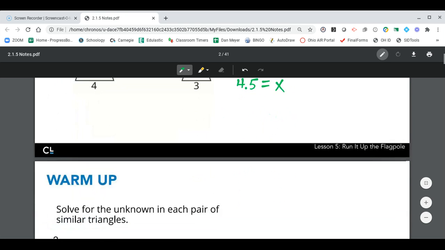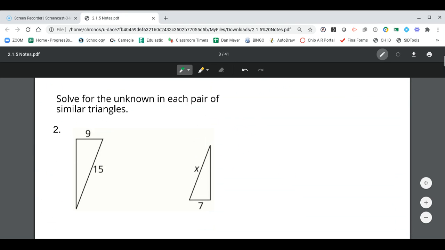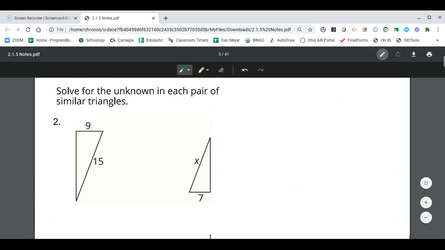Moving on to question 2. Looks like this is somewhat of a 90-degree angle, so that's going to help me figure out short leg, long leg, or hypotenuse, I should say. So let's see. The hypotenuse of the smaller triangle is x, and I can put that over the hypotenuse of the larger triangle, equals the other length 7 of the small triangle over 9 of the large triangle.